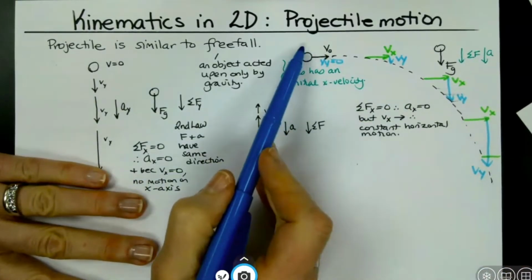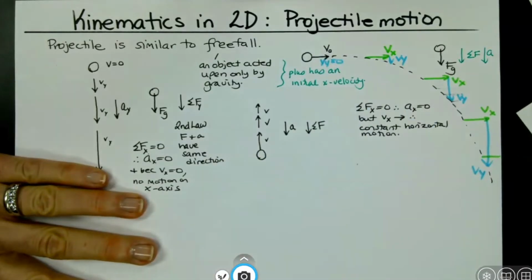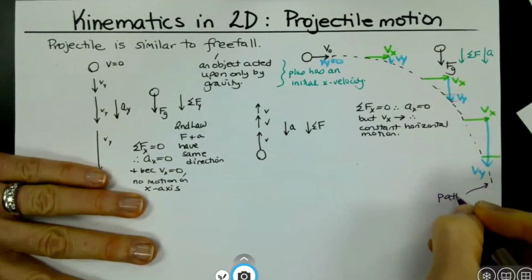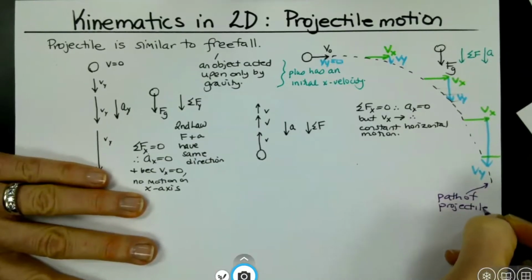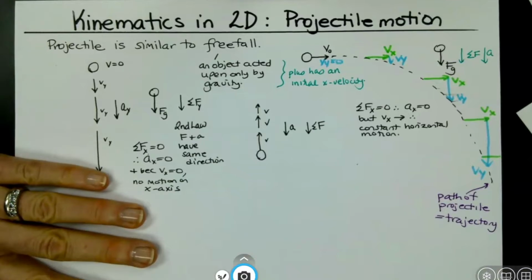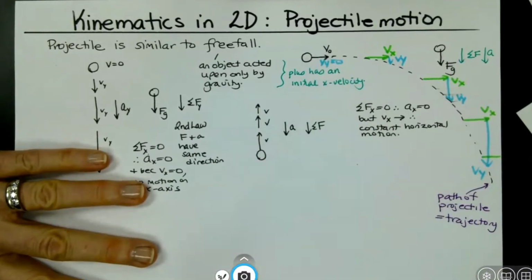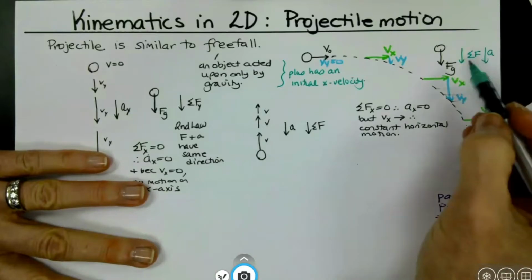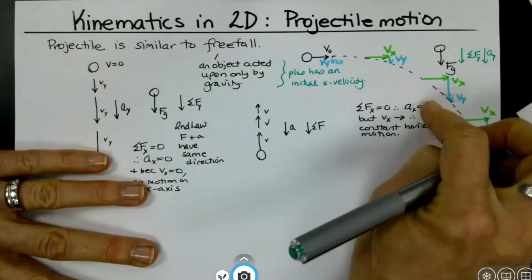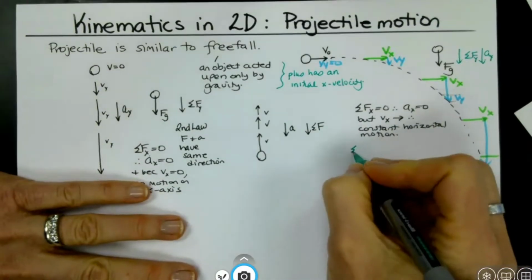So that's the shape. And by the way, this path of a projectile has a special name called a trajectory. So that's the word I'm going to be using. So that's why those happen this way. We've got this acceleration pointing down on the y, and since it's moving on the y, we can write this up.